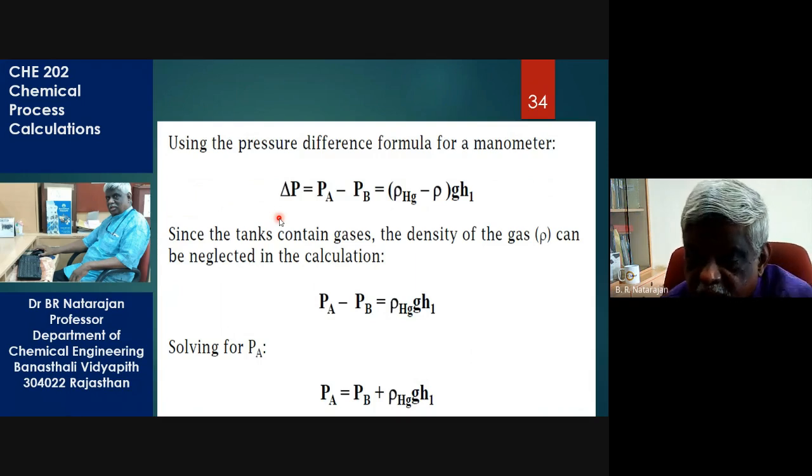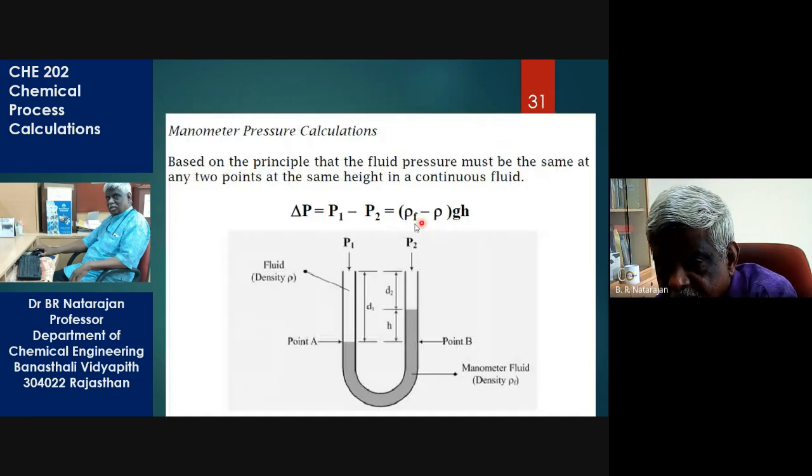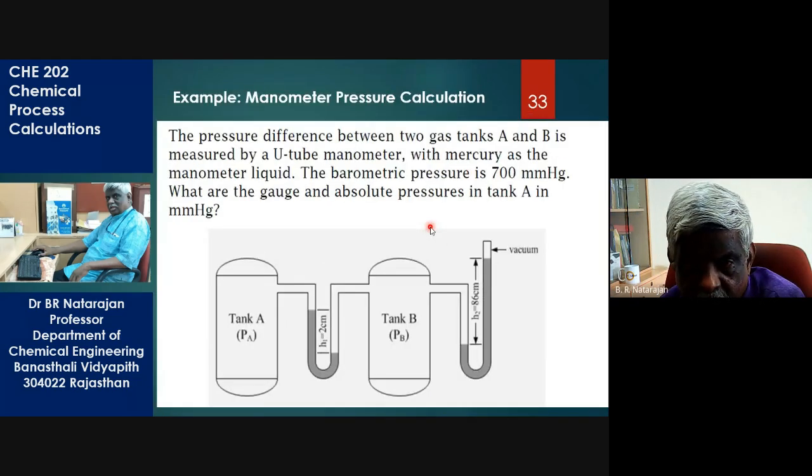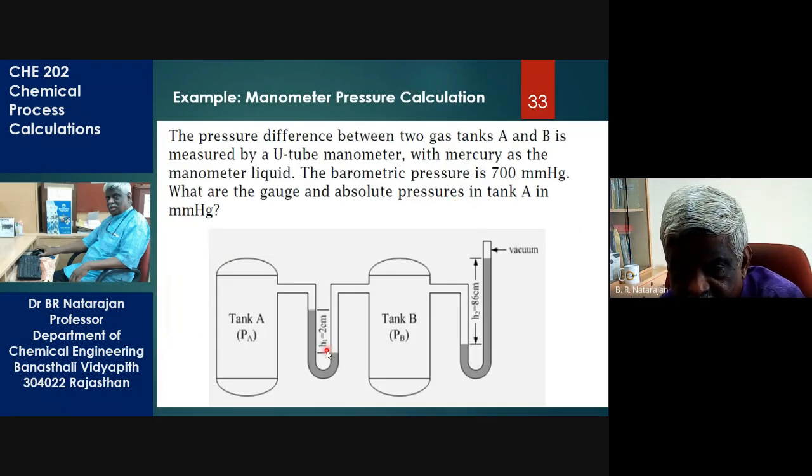Using the pressure difference we just saw, (rho F minus rho) into g into h: density of mercury minus density of air, into g, the acceleration due to gravity, and h1. h1 is the height here, and in this manometer this height is h2, the difference in mercury level between the two arms.